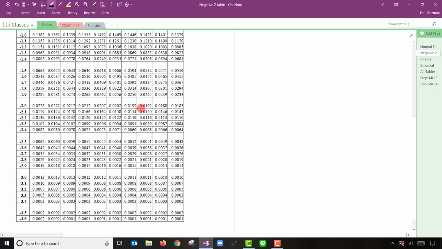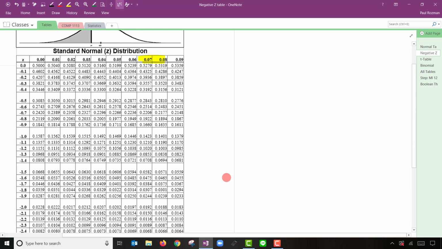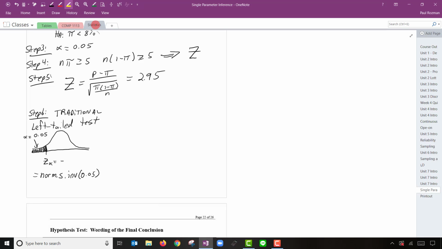Basically, you're reading the table backwards. If you look in your table here, I think I see 5% somewhere around here. It's actually exactly halfway between these two. So we can say it's negative 1.64 or negative 1.65. And because it's halfway between, we can say 1.645. Get one more decimal place of precision.